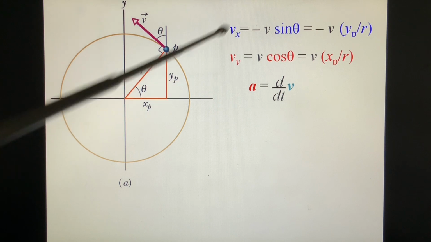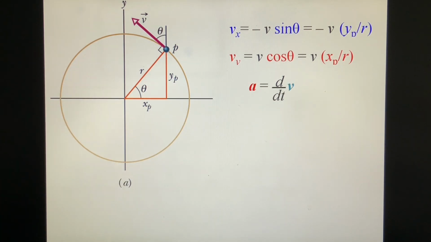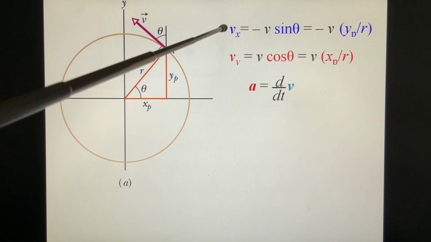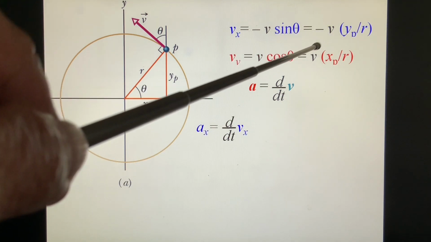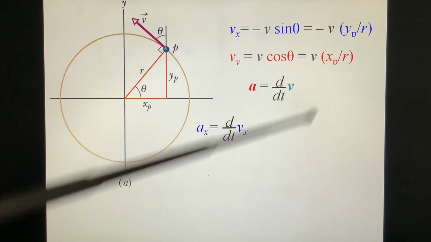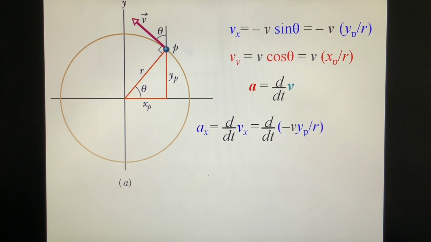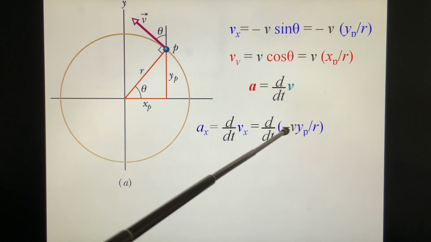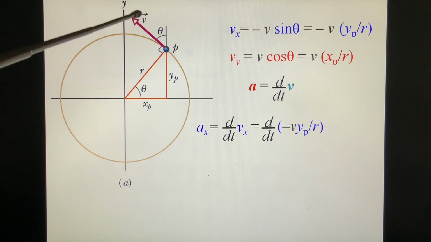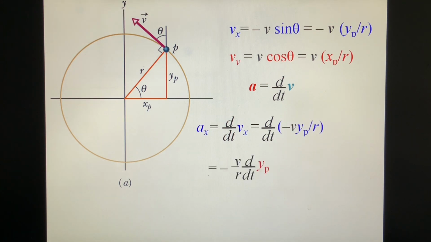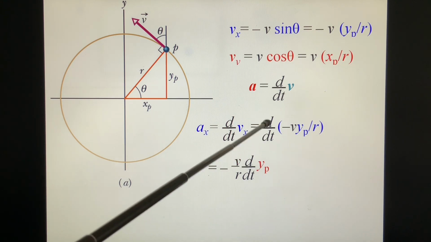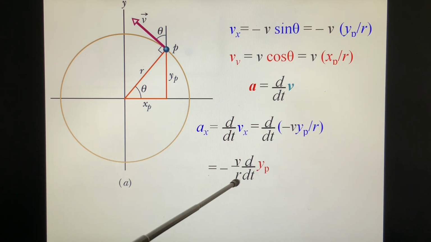Okay, this is v. Now let's look at a. A is dv/dt. So ax is dvx/dt. We put in minus v yp over r. And we will see that the speed v is constant and r is constant, so we take these out. The leftover is dyp/dt.